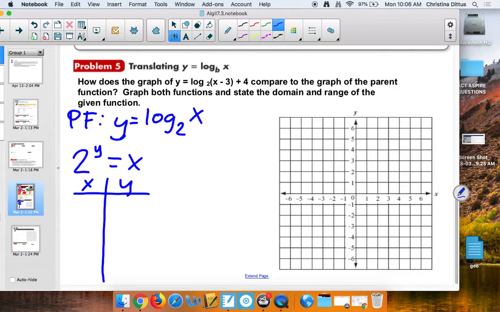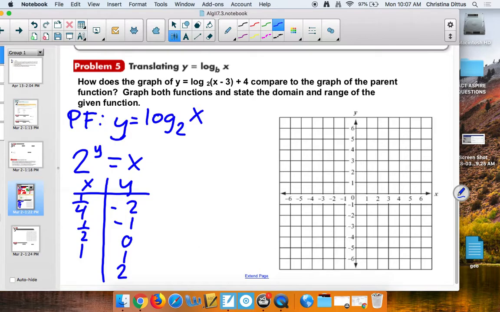Now what? Fill in my y with what kind of values? Okay. If my y is negative 2, what's my x? 1/4. It's negative 1, half. It's 0.